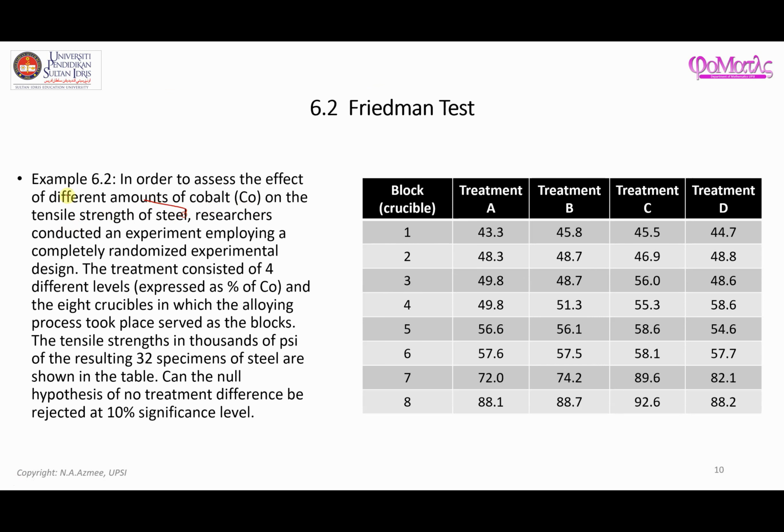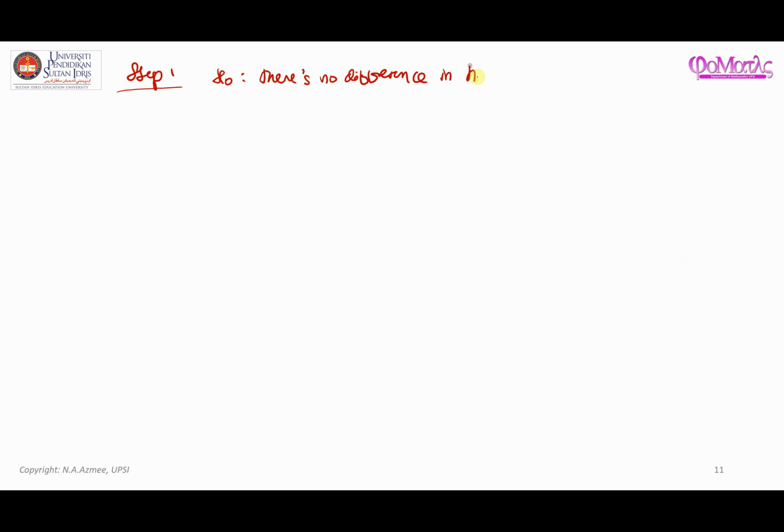Step 1. For H null, there is no difference in whatever the question is asking you to find or measure. There is no difference in the tensile strength of steel across all groups.